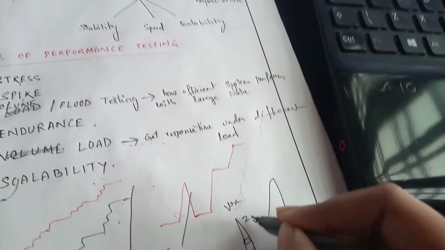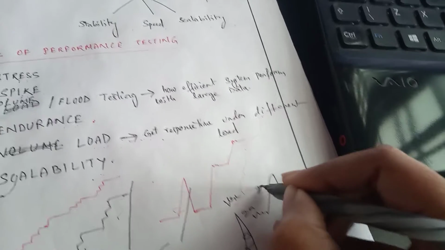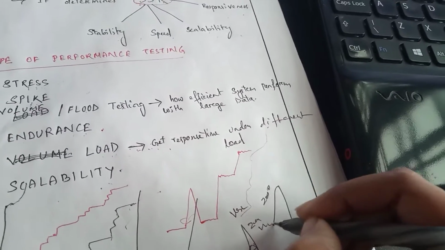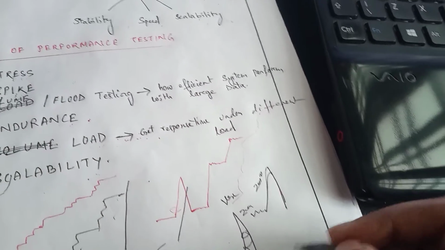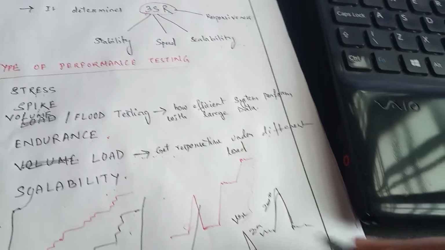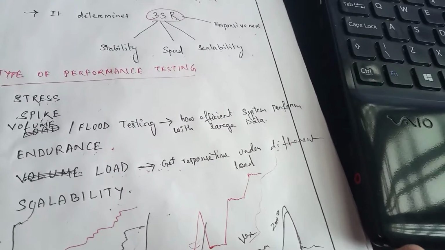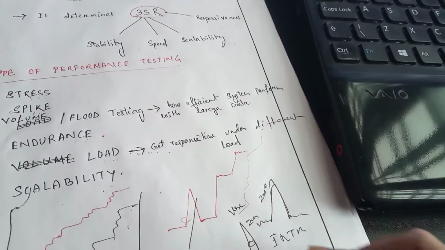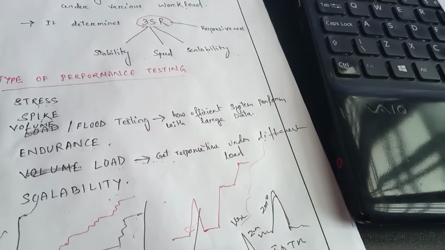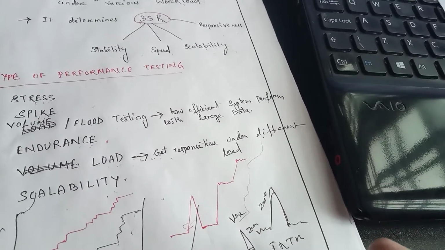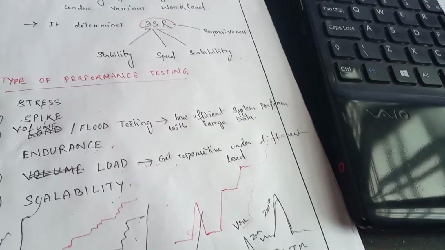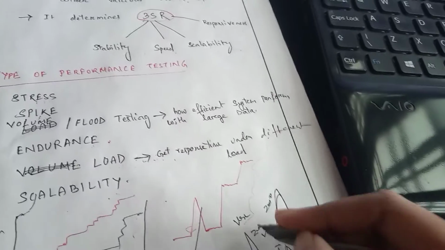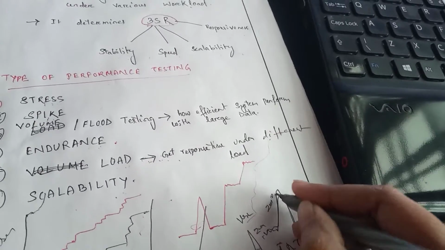When I'm running with two users and suddenly 200 users or 2000 users come up, how is the system behaving? Generally, consider the IRCTC application during Tatkal booking. Suddenly all the members start logging in at a particular time, 10 a.m. or 11 a.m. To test that kind of application, we go for spike testing.